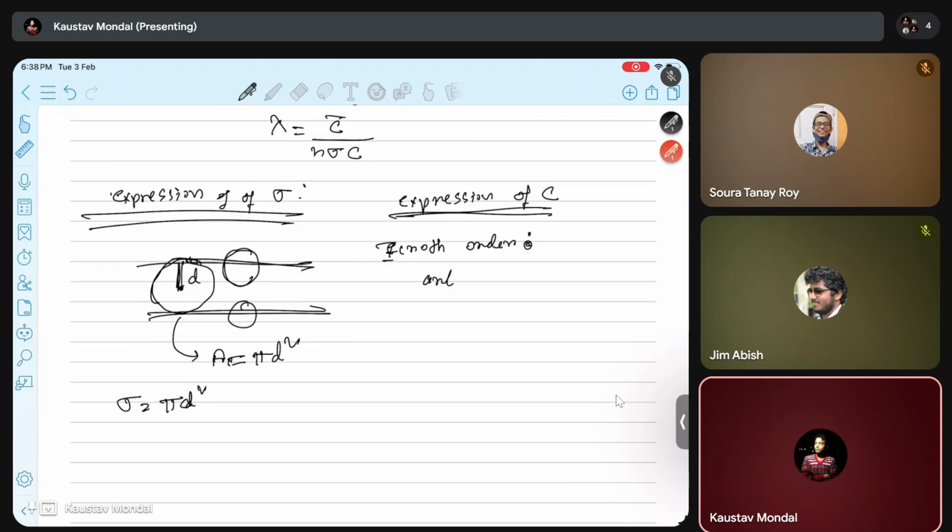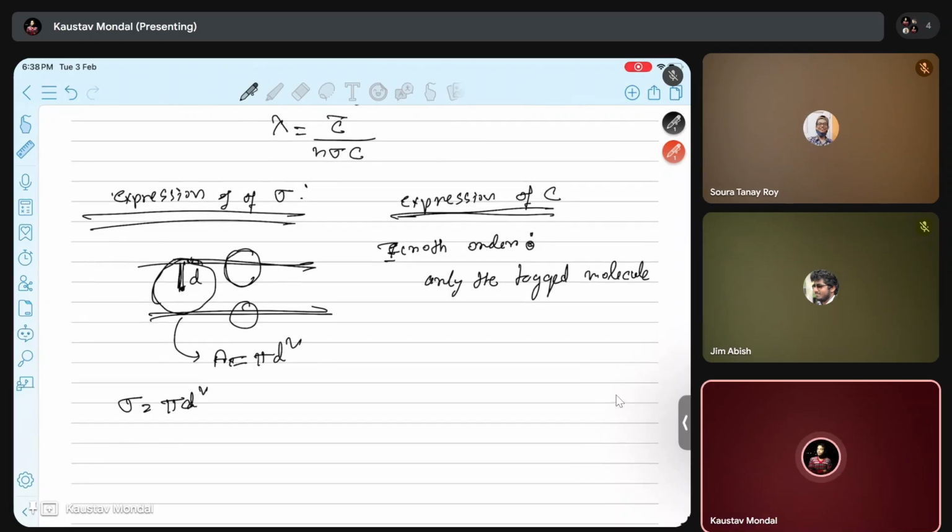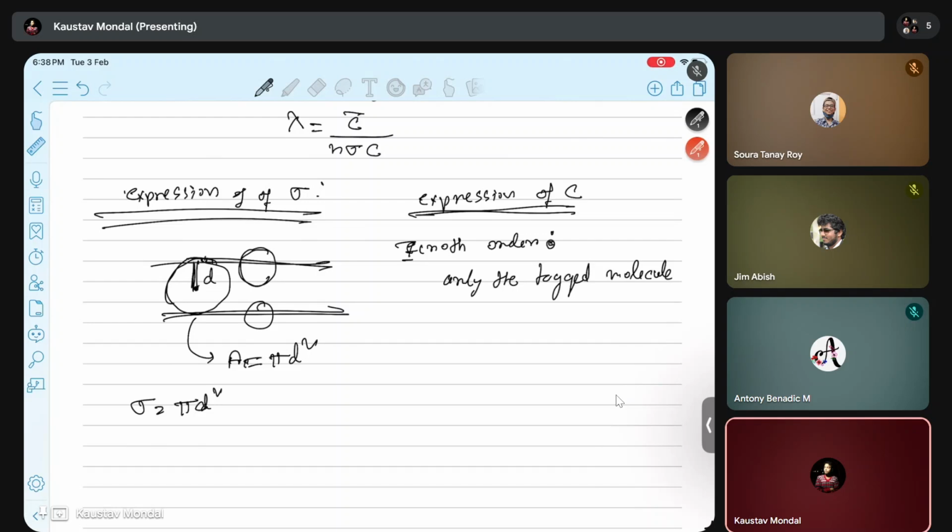Only the tagged molecule, having the velocity c, is moving, with mean speed c bar, and all the other molecules are frozen.